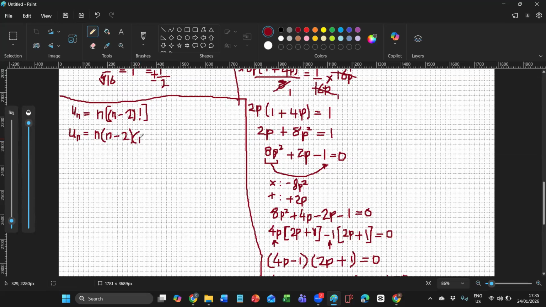And if you subtract 1 from n minus 2, you are going to have n minus 3, right? Yes. And then we'll just say dot, dot, dot, 1.